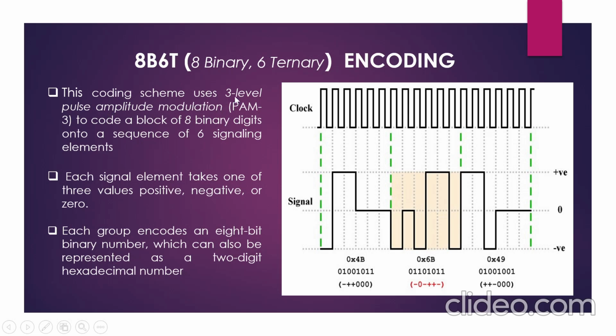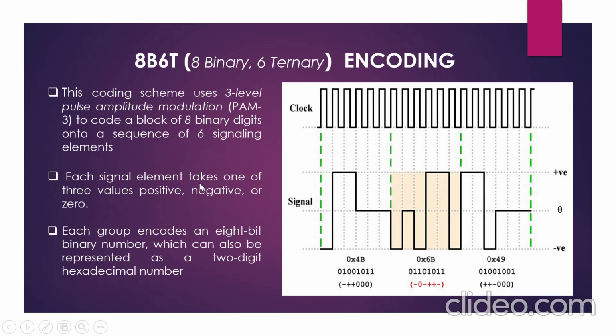This coding scheme uses 3-level pulse amplitude modulation to code a block of 8 binary digits onto a sequence of 6 signaling elements. So we have 6 signaling elements, and we combine 8 binary digits to represent a combination of those 6 signals.